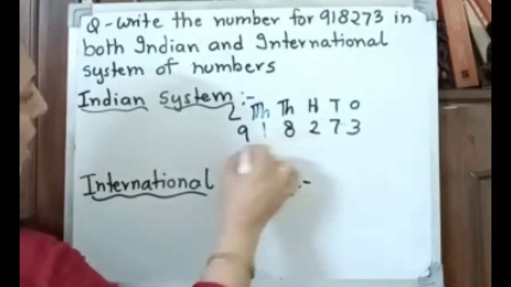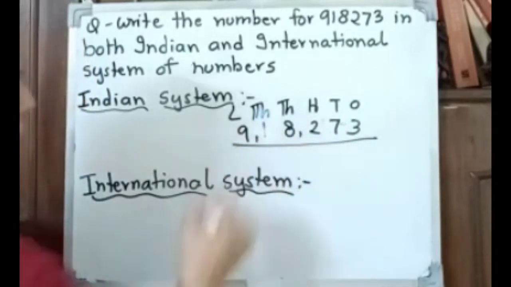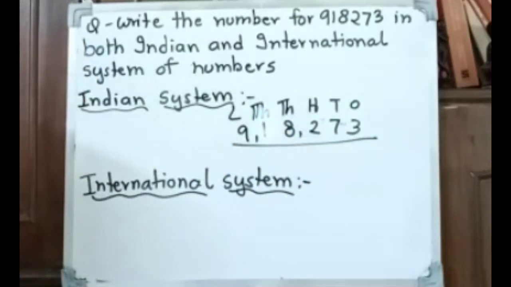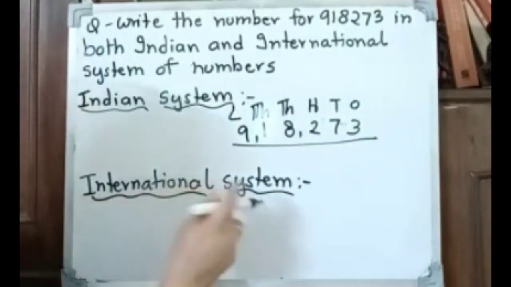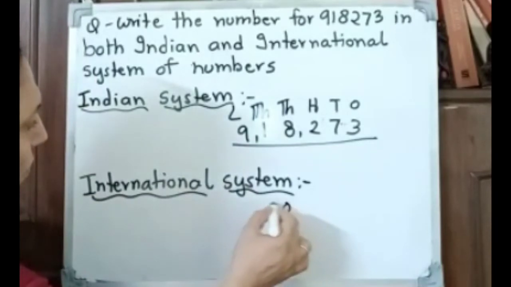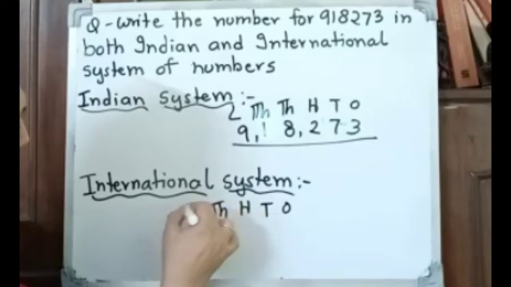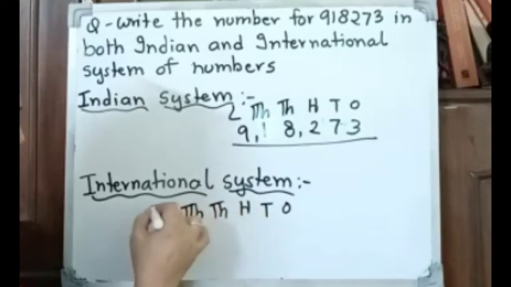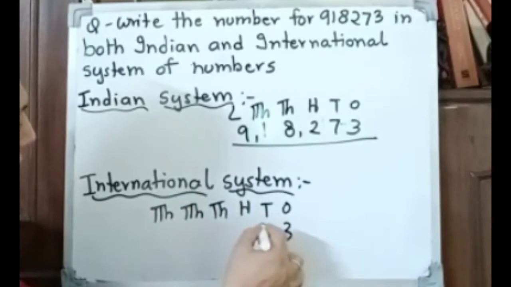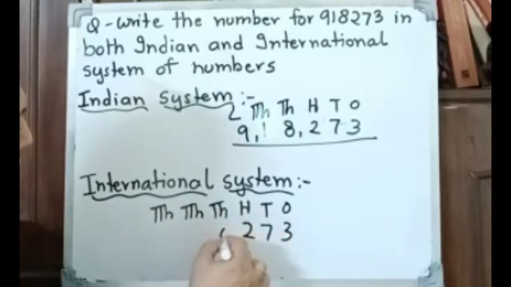So the answer is 9,18,273. And in the international system we have ones, tens, 100, 1000, 10,000, 100,000. So here we have 3, 7, 2, 8, 1, 9.